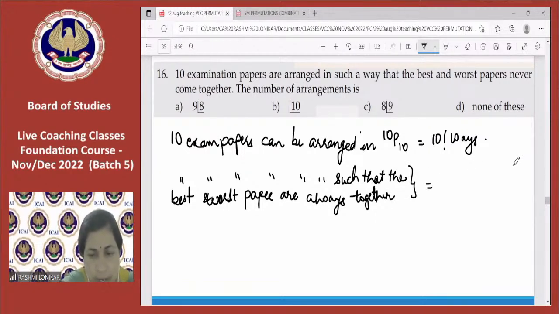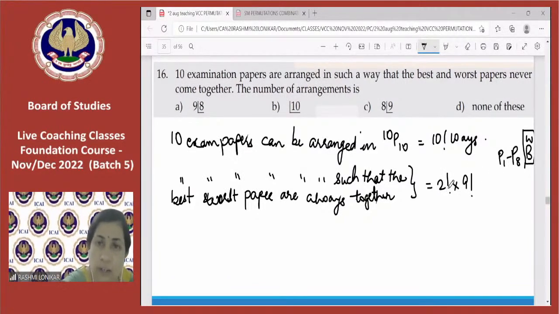So I have 8 papers, P1 to P8. Then I have the best paper and the worst paper. These two are taken together. So P1 to P8 is 8 papers and this is 9 papers. So this is 2 factorial into 9 factorial.